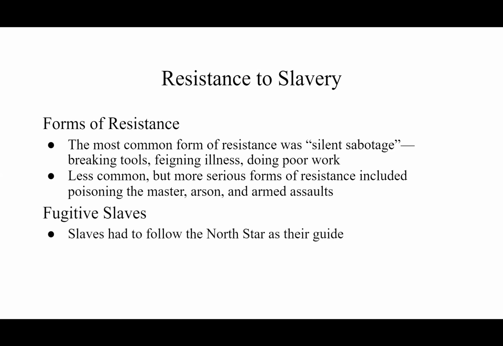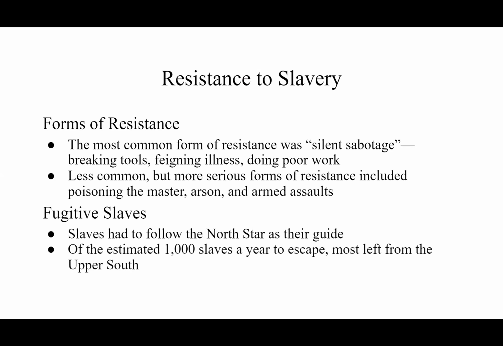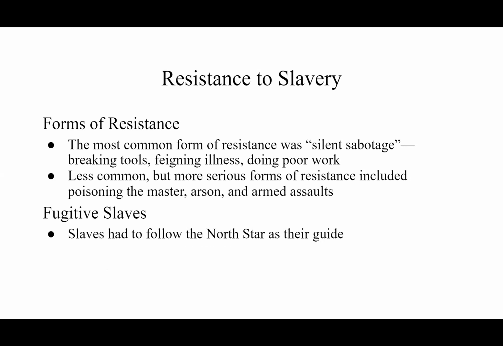Some slaves did try to escape. They had to follow the North Star as their guide. It's estimated that about 1,000 slaves a year would escape to the North in order to find freedom, and they would do this on the Underground Railroad, which was led by Harriet Tubman, who I'm sure that all of you have learned about. But most of the slaves who are able to escape are leaving from the Upper South.